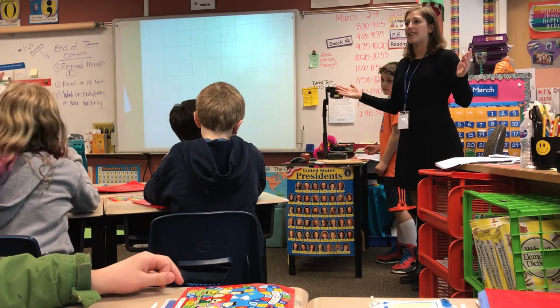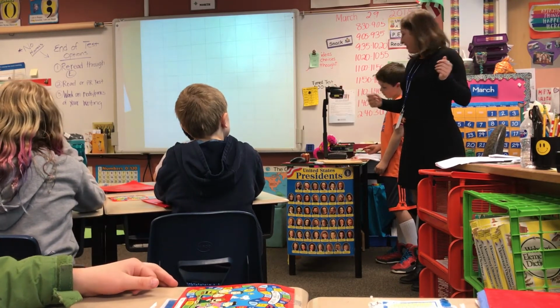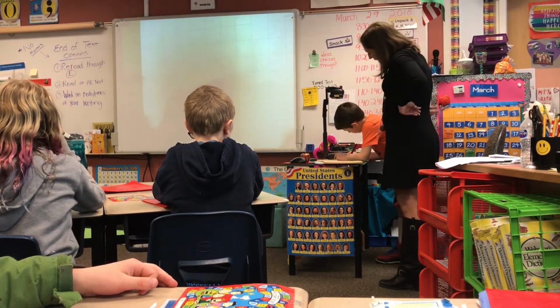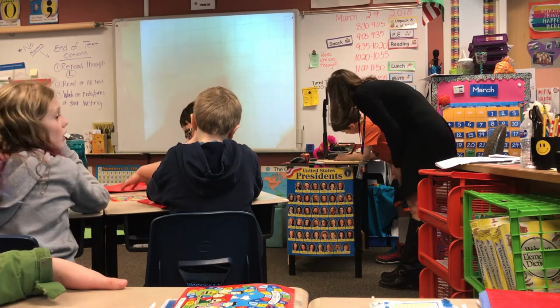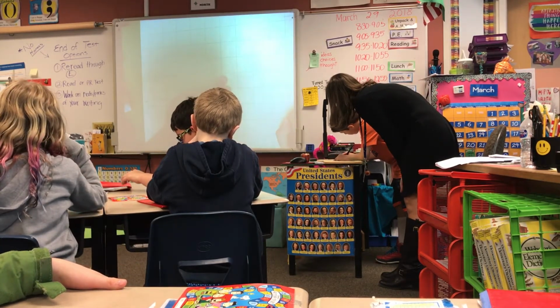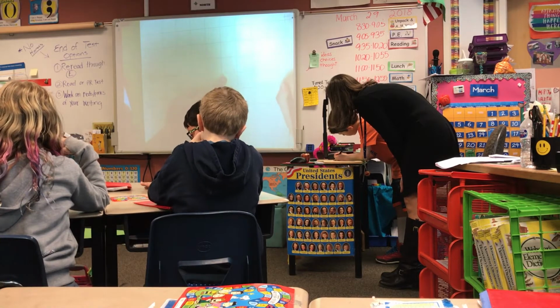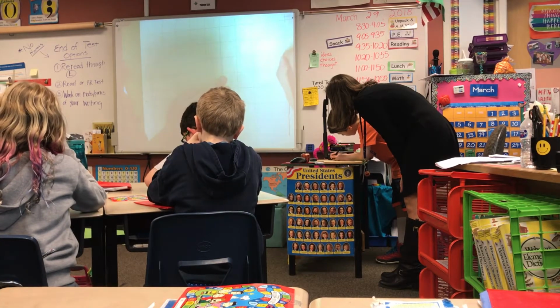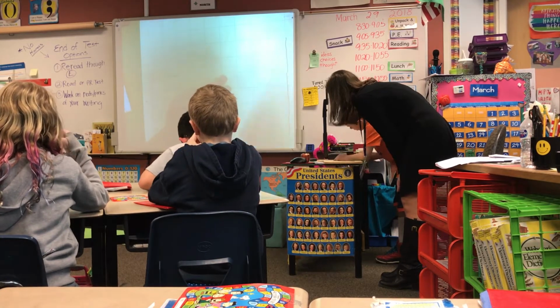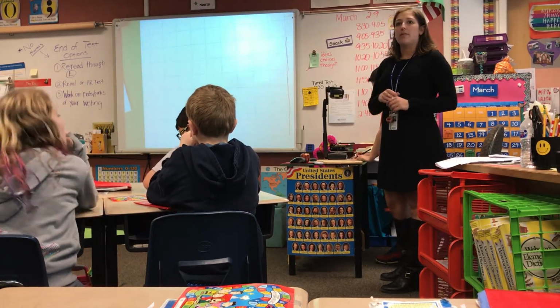Say it out loud. 6 yards. So let's count 6. So 1 square is going to be 1, 2, 3, 4, 5, and 1 more. 6 right there.